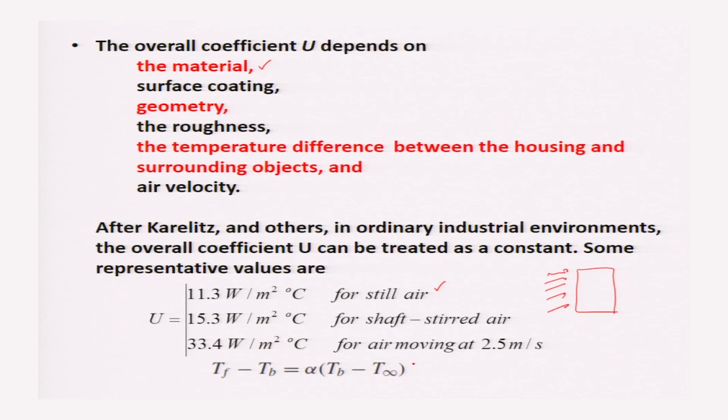Now, there is a relationship between the fluid temperature, that means inside this bearing casing is the shaft, and in the clearance space there is a lubricant, and the lubricant temperature is high and that we want to dissipate.